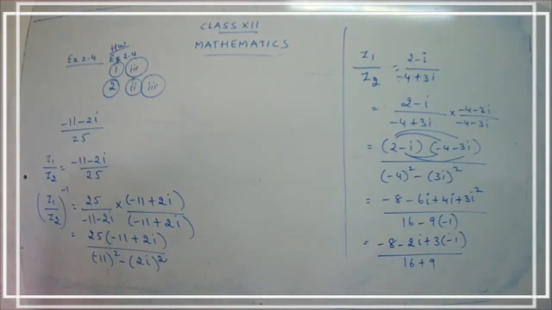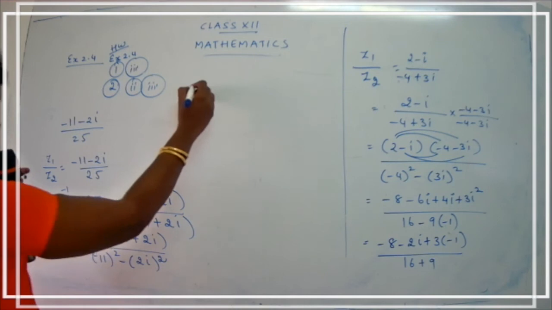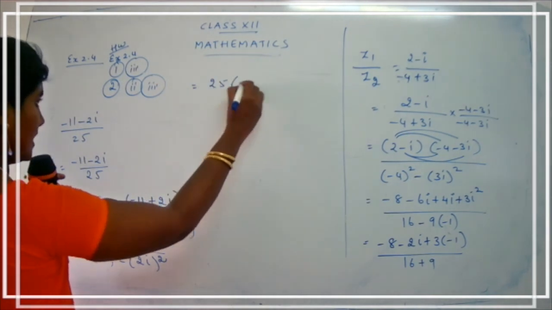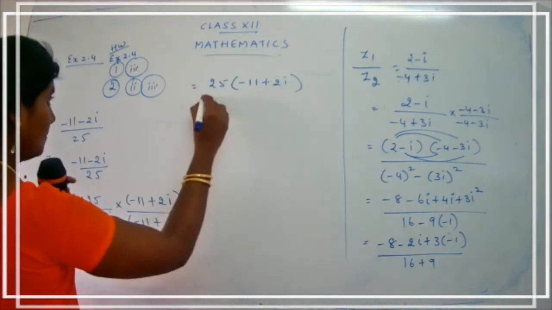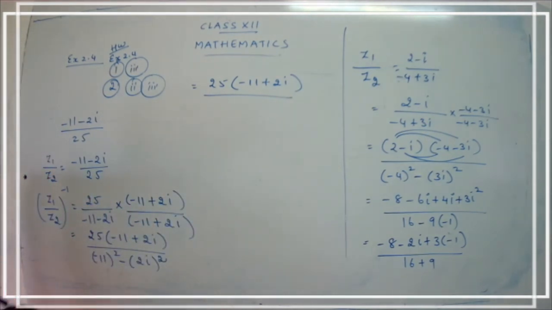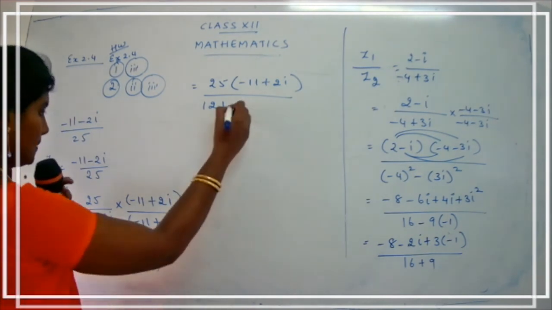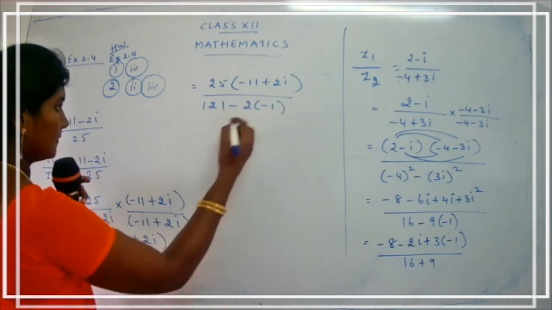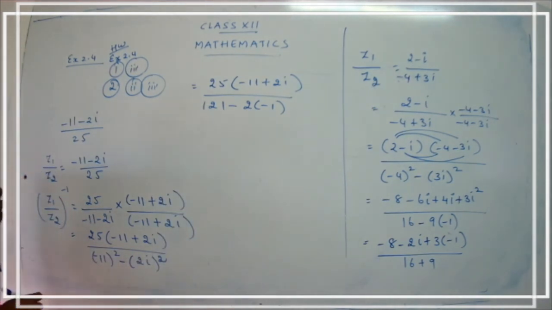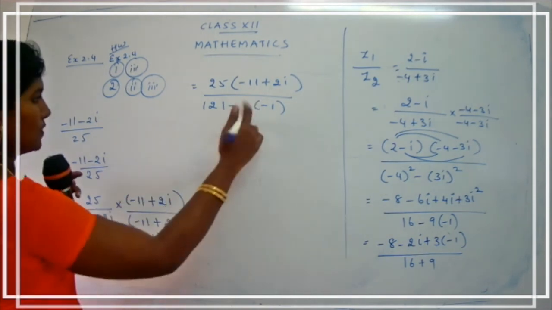What is the question here? The question is to find z1 upon z2 inverse, yes children? Okay, so just find it. So this is equal to 25 into minus 11 plus 2i upon, what is the value of 11 square? 121, minus 2i square, 2 square is 4 minus 1.